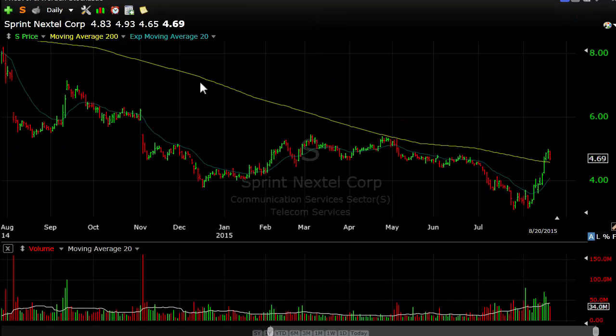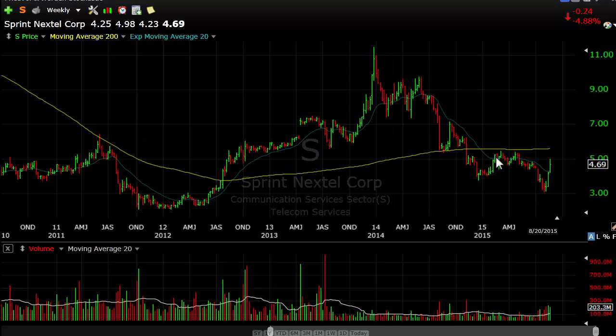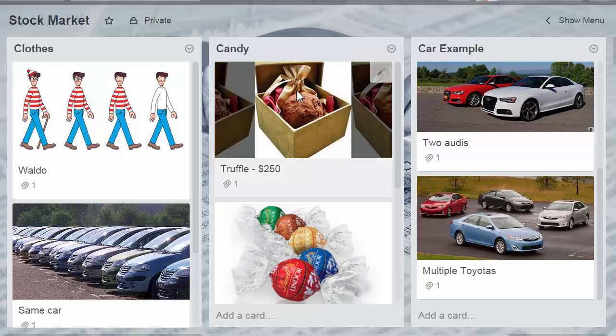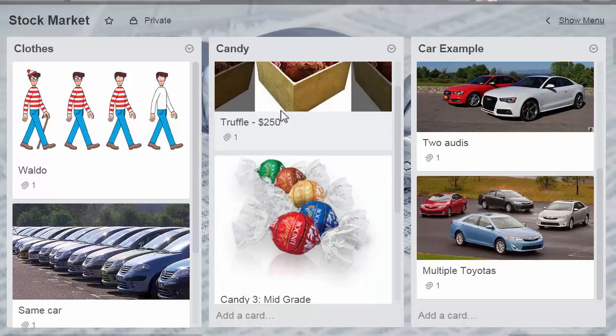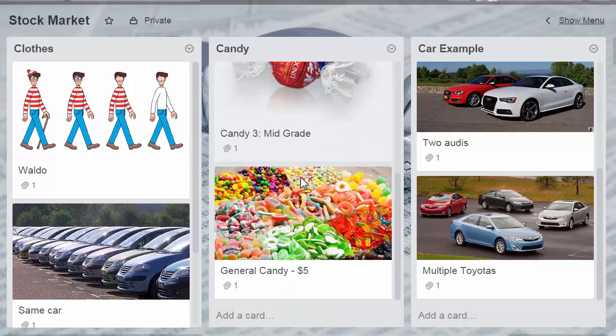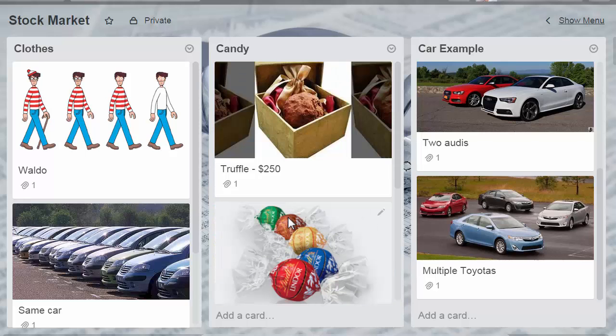Or even like a Sprint $4 stock, right? So you could be trading these kinds of stocks, or you could be trading the more higher quality companies. And it really comes down to the type of trader that you are, the type of trading that you want to do. Remember what I said about the truffle versus the Lindor chocolates versus the gummy bears or the sugar candy. What kind of quality do you want from your investments? Same thing with a car example.